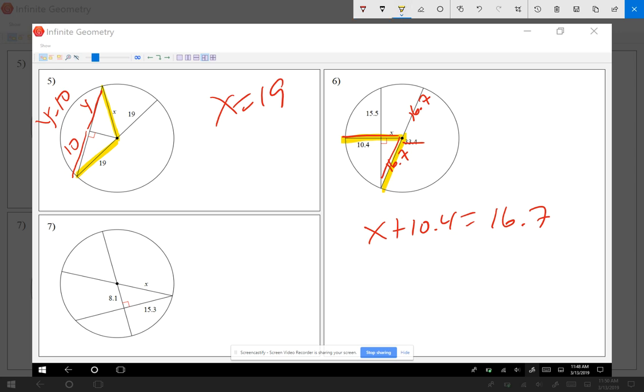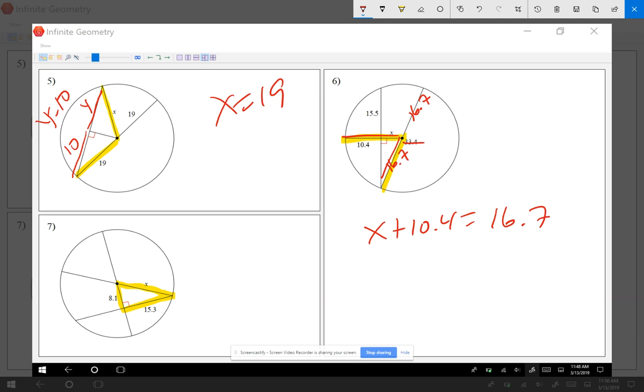Now, question number 7, x is a radius, so that's fine, but I don't see another radius. I see 8.1, which is part of a radius, but not the whole radius. I see 15.3, which is part of a chord. Combine all three pieces, make a right triangle. I know two values.